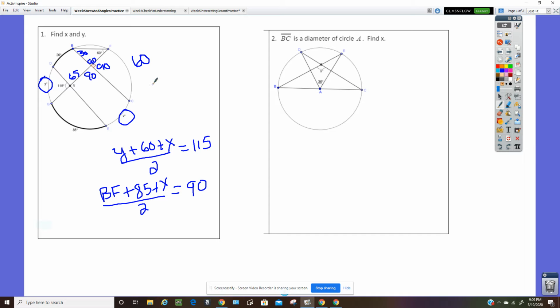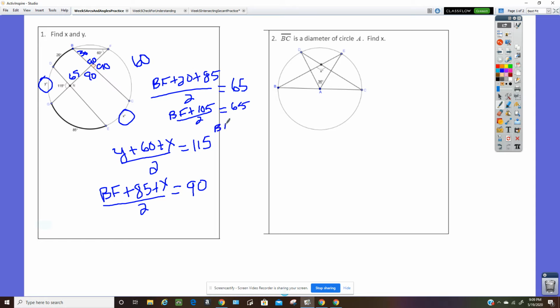Oh, we can say that BF plus 20, that's one of these intersected arcs here, plus 85 divided by 2 is equal to 65. So BF plus 105 divided by 2 is 65.